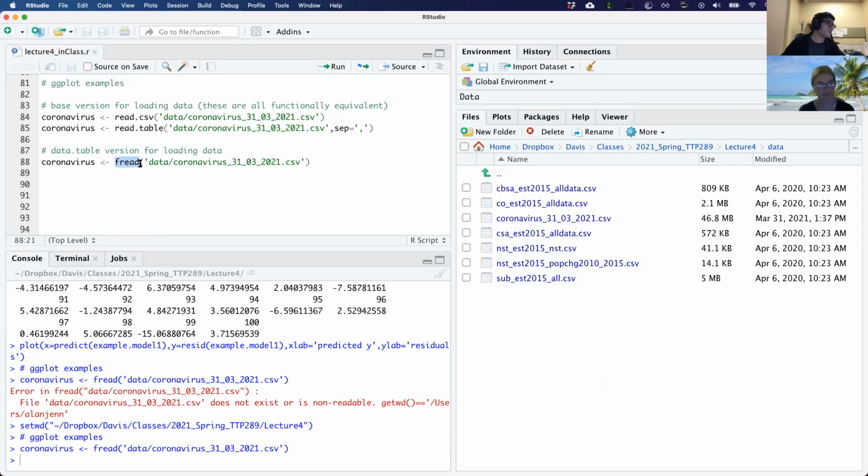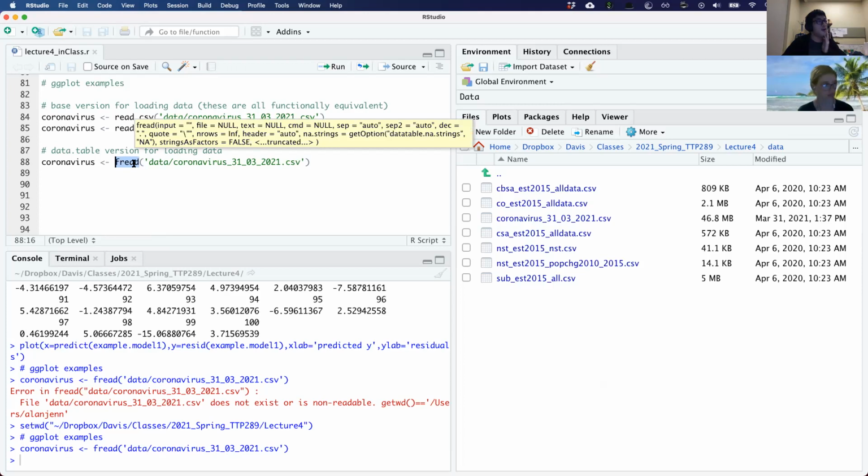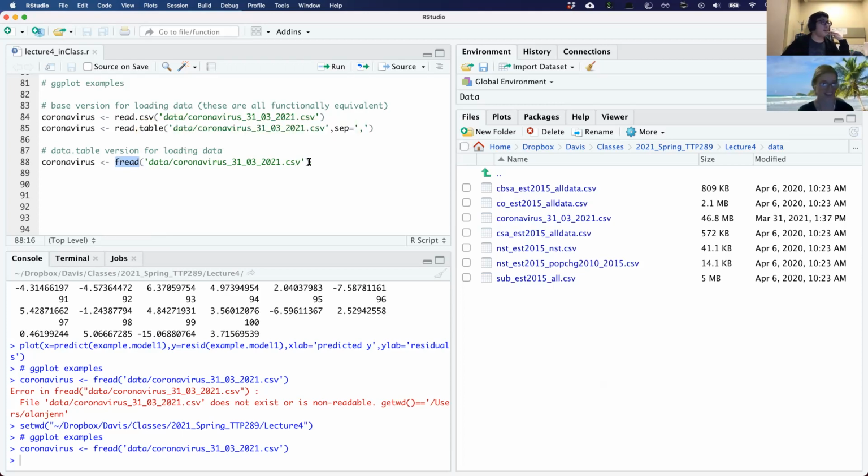Actually, I learned about FRead later on, went back and loaded the data, and it took about 30 seconds. So this is another example of the really extreme efficiency of the data table package for manipulating large data sets.